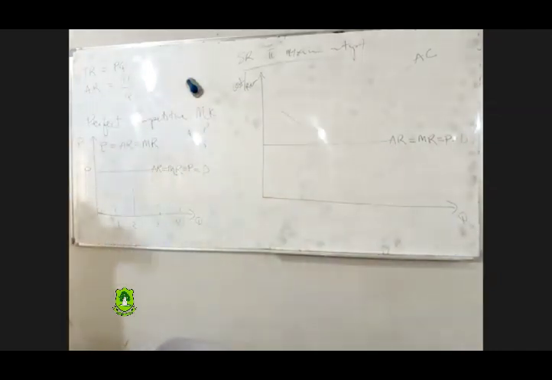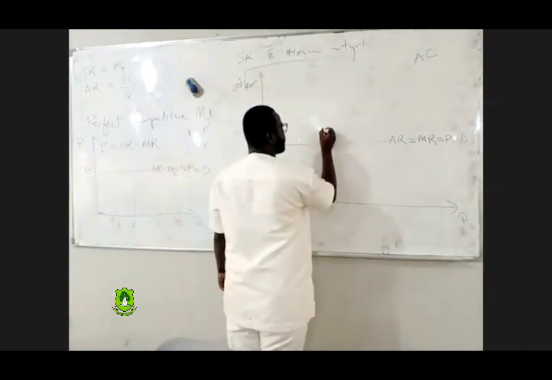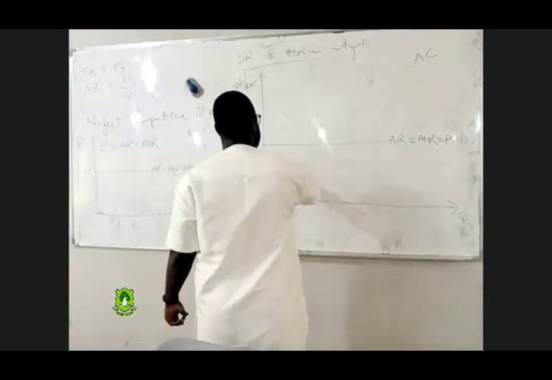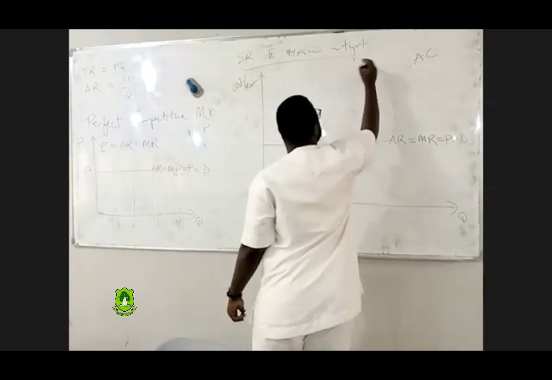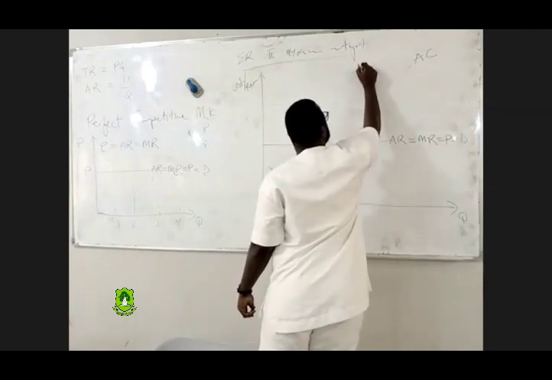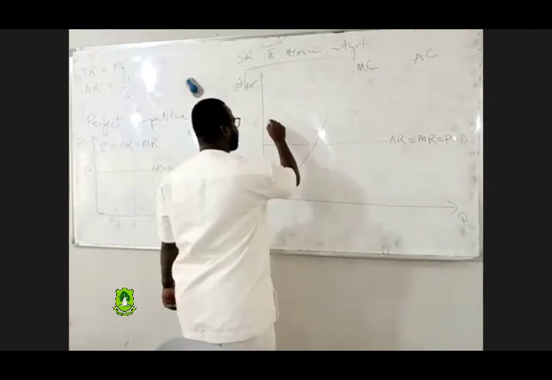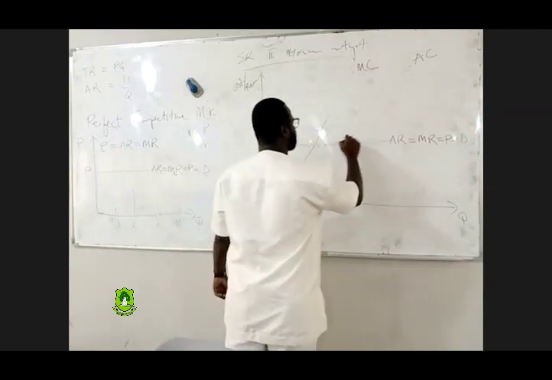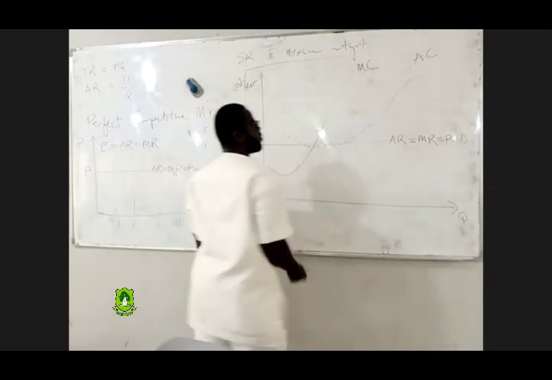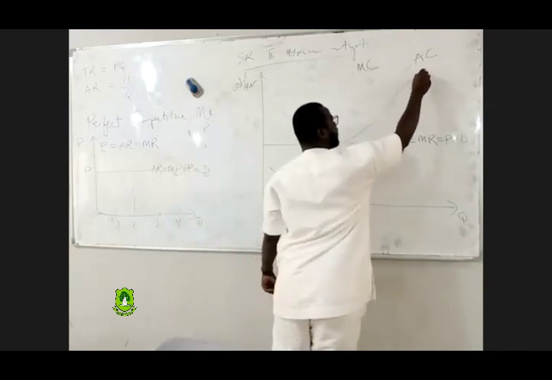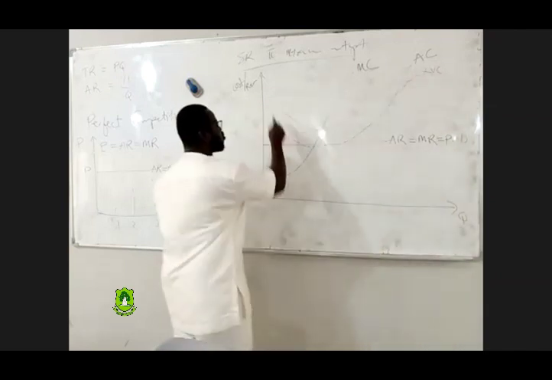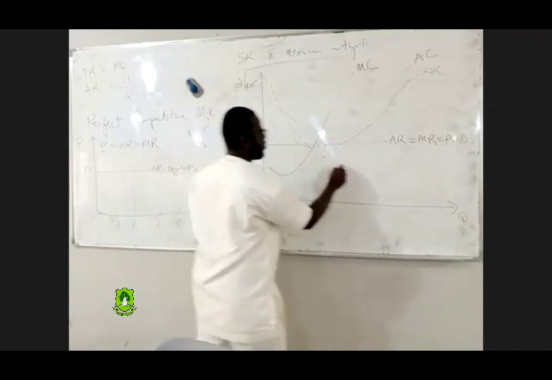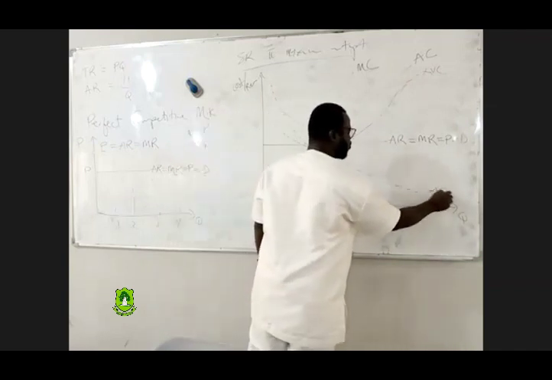But if we have this, where do you think marginal cost should cut the average cost from? Excellent, from the minimum point. So if you cast it from the minimum, this one will be marginal cost. Remember, average variable cost will also be something like this, and average fixed cost will also be like this.